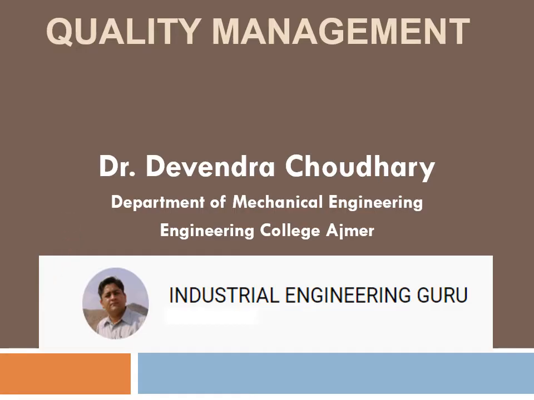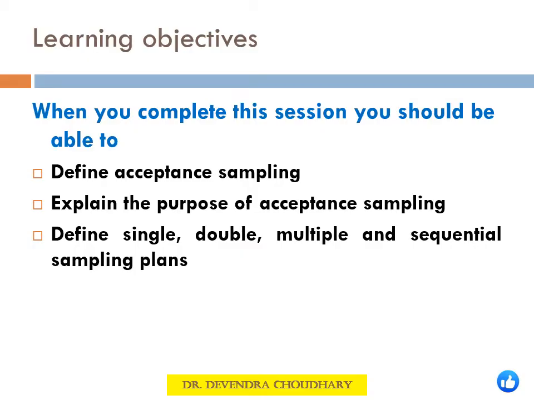Today I will start acceptance sampling, which is one of the most important and interesting topics of your quality management subject. After completing today's session, you will be able to define acceptance sampling.